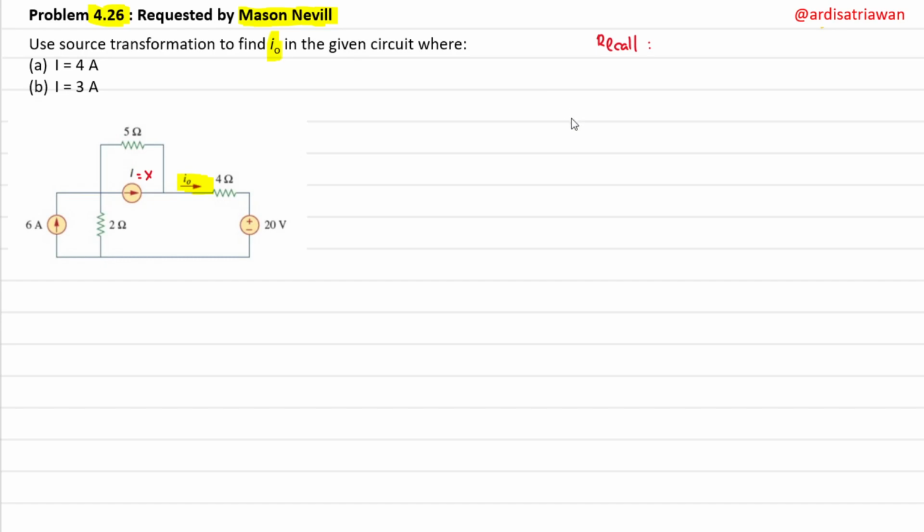We can replace a voltage source which is in parallel with a resistor.